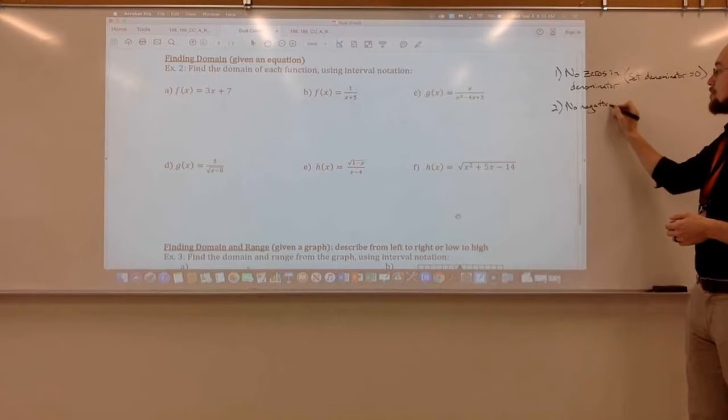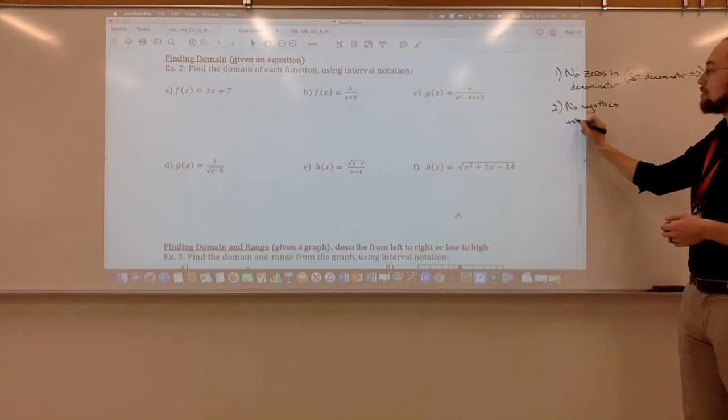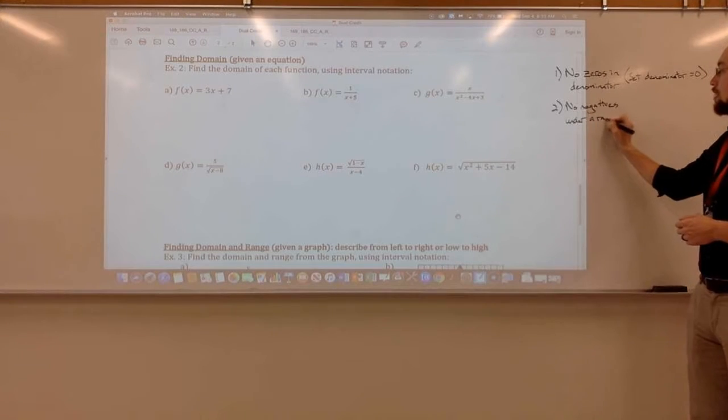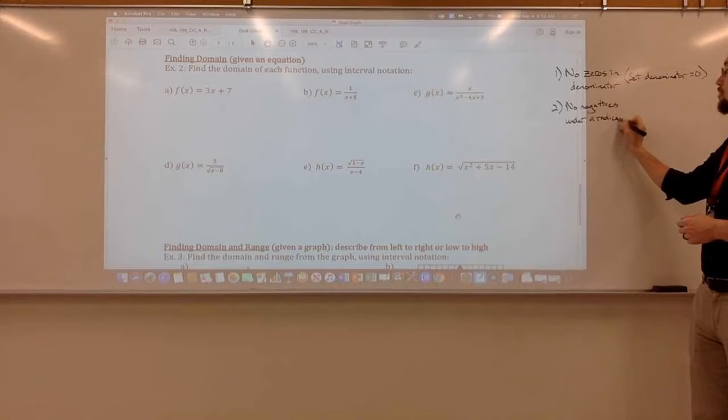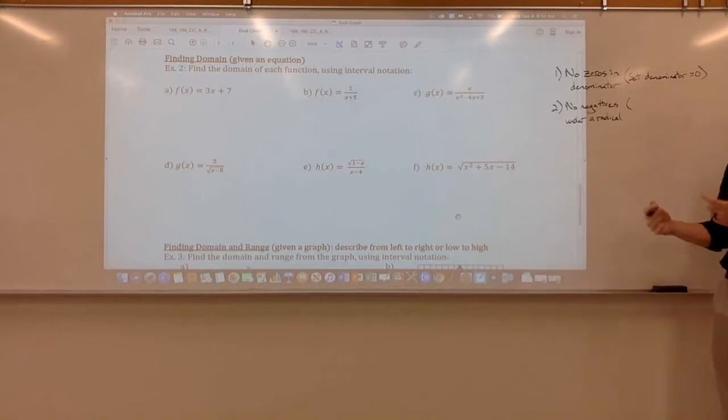And in practice, what that means is take whatever's under the radical and create an inequality.